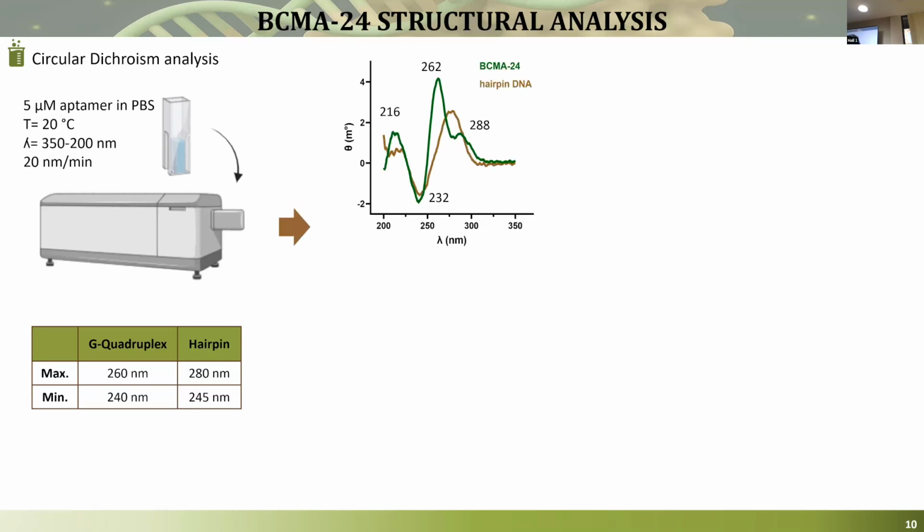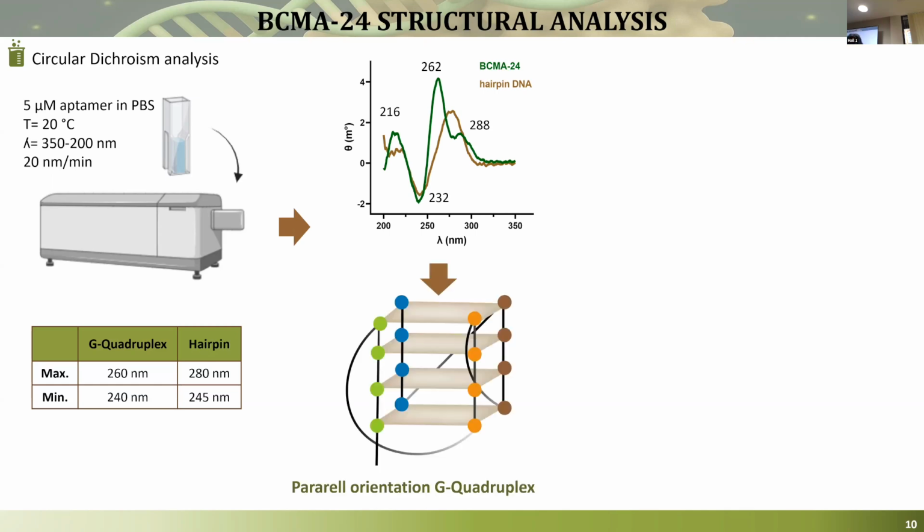So we did so, employing our aptamer and also a control DNA that we knew had a hairpin DNA structure. And as you can see here, the profile of peaks corresponds with a G quadruplex structure, and moreover with a parallel orientation, that it may look like this.